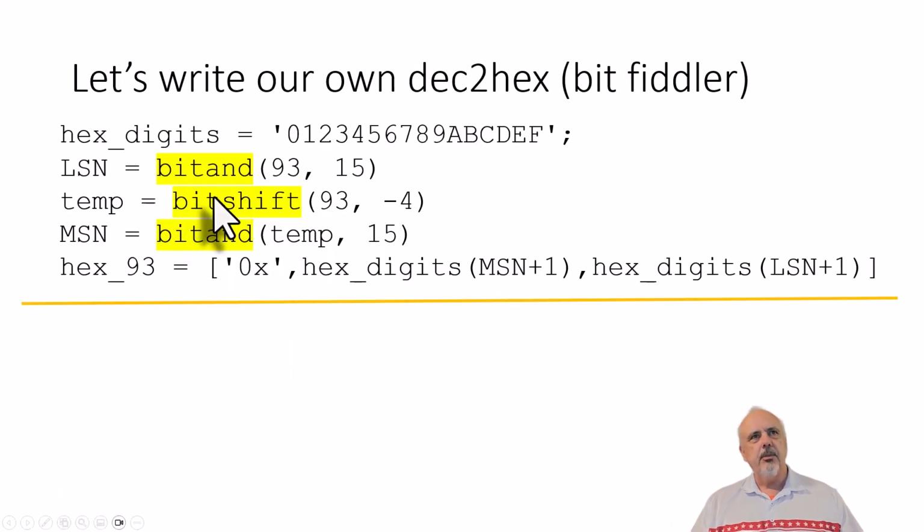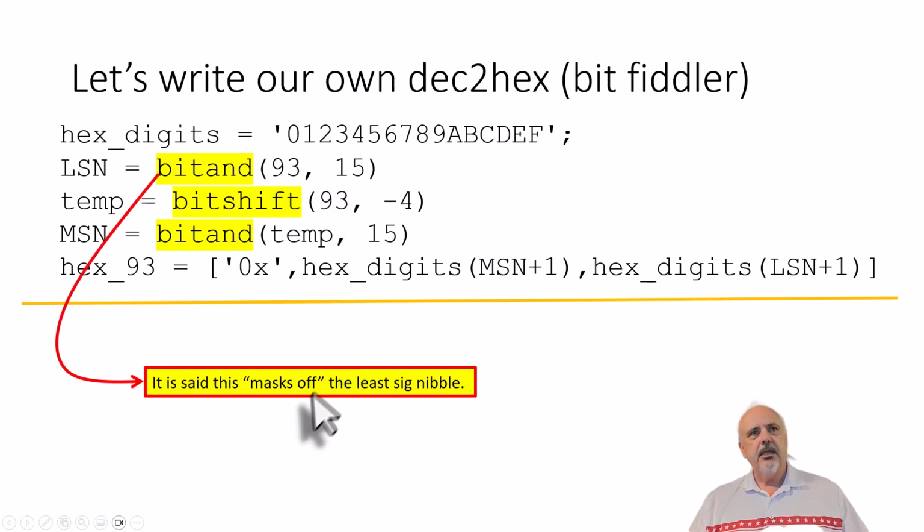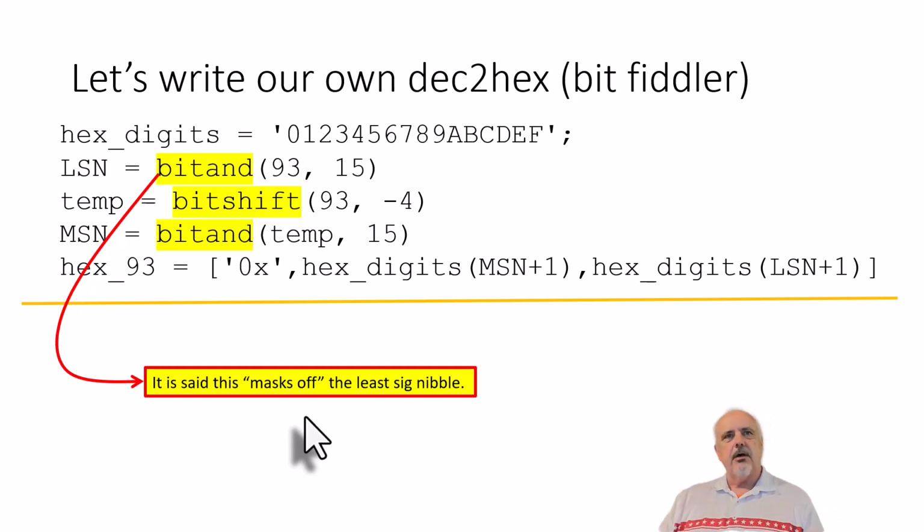So we're going to do a bitwise AND of 93 with 15. You're masking off all 4 bits, that least significant nibble. You're masking off the bottom 4 bits of the whole value.